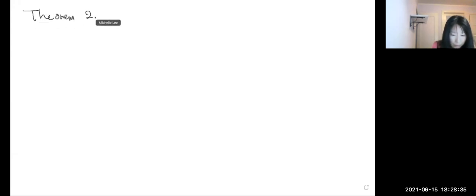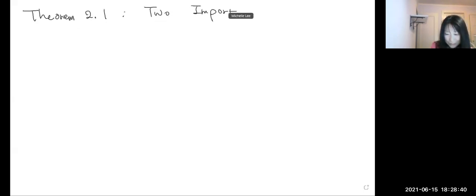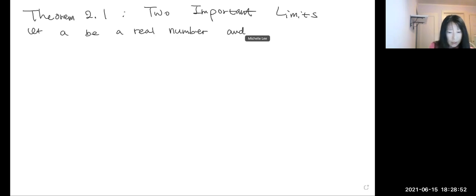Here we have two important limits. Theorem 2.1 says that. Let A be a real number and C be a constant.